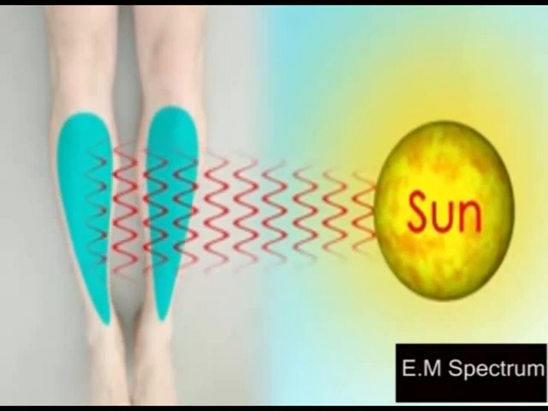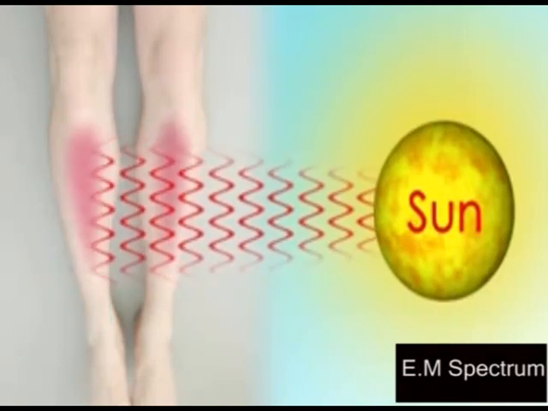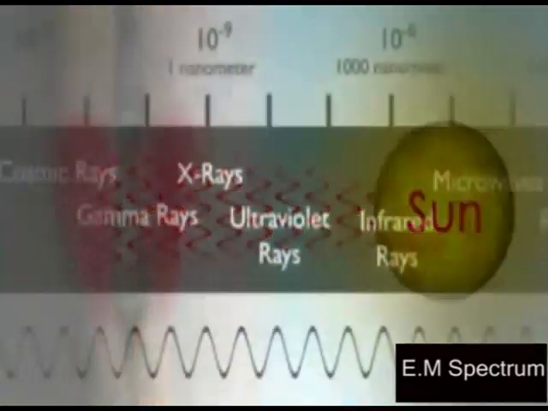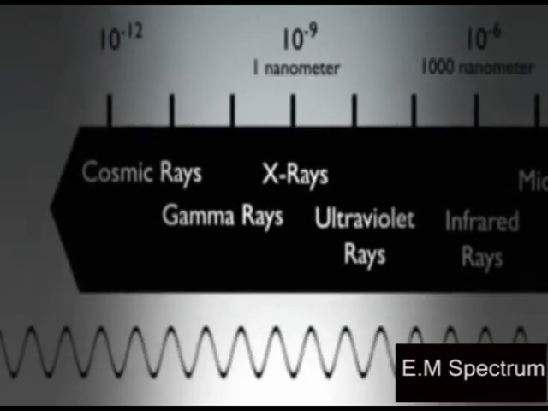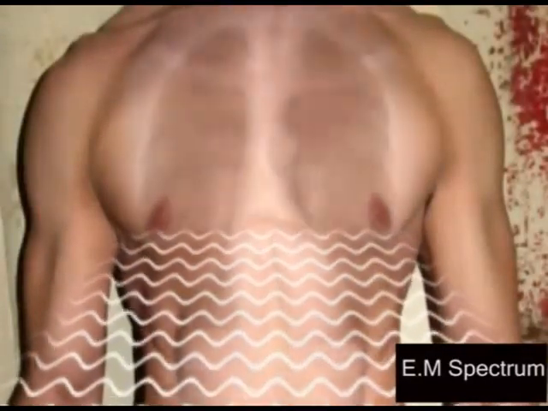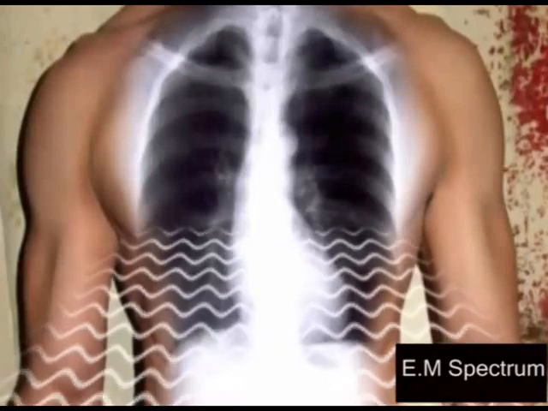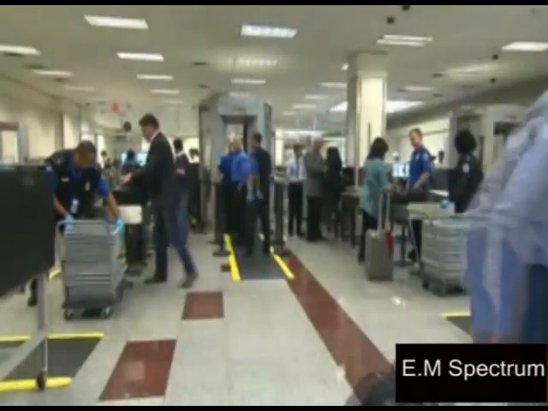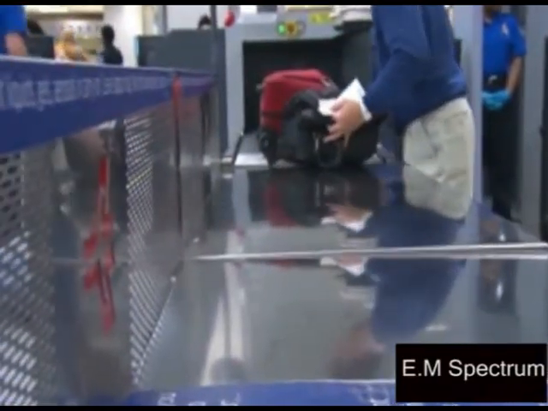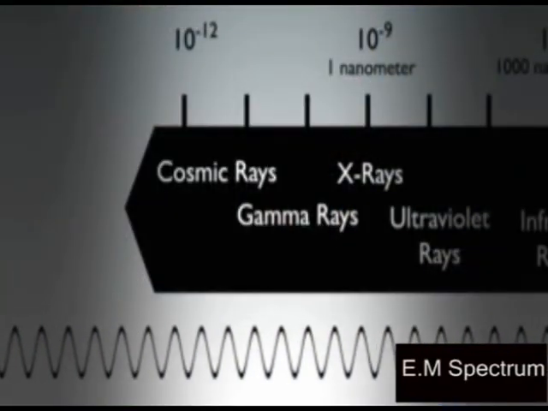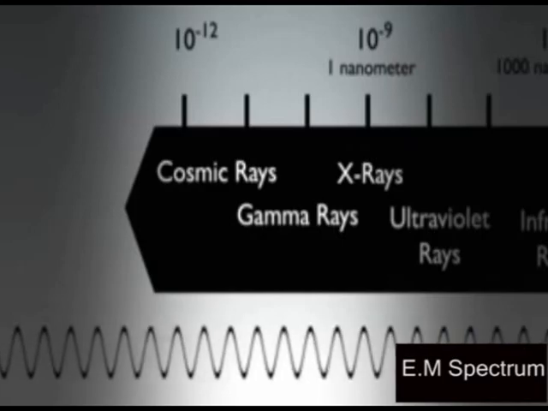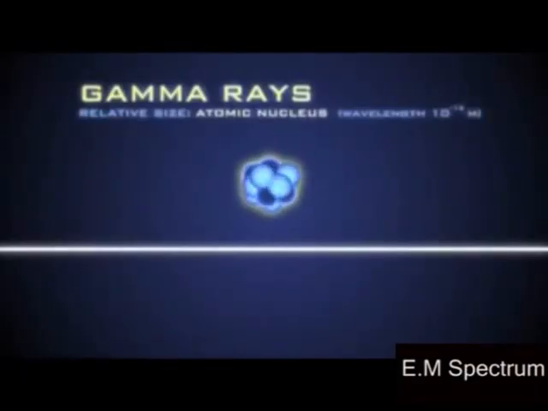Human skin produces burns when exposed to UV light in excess. Next, X-rays, which pass all tissues but not denser materials such as bones, making them valuable for medical tests. X-rays also have security applications such as airport baggage checks. Gamma rays produce even shorter wavelengths, higher frequencies, and more energy. Gamma rays are as small as the atom nuclei.